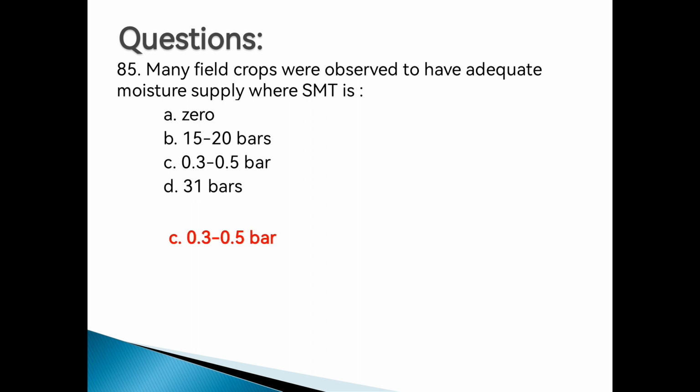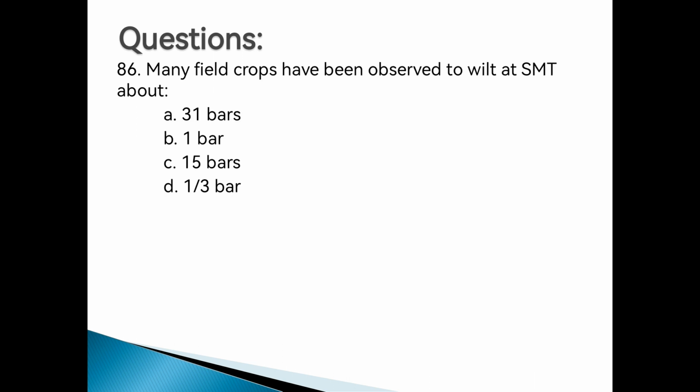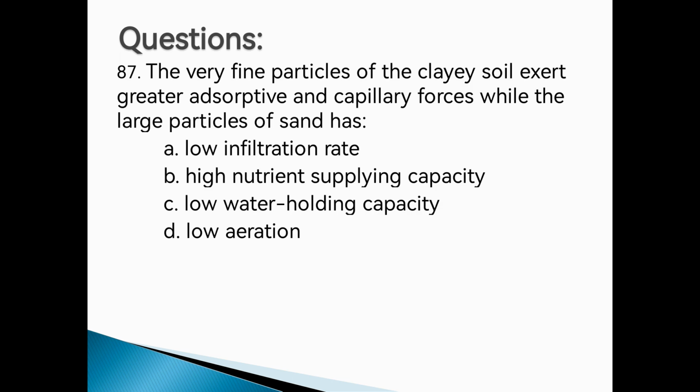0.3 to 0.5 bar. Number 86. Many field crops have been observed to wilt at soil moisture tension of about: A. 31 bars, B. 1 bar, C. 15 bars, D. 1/3 bar. The correct answer is C. 15 bars. Number 87.